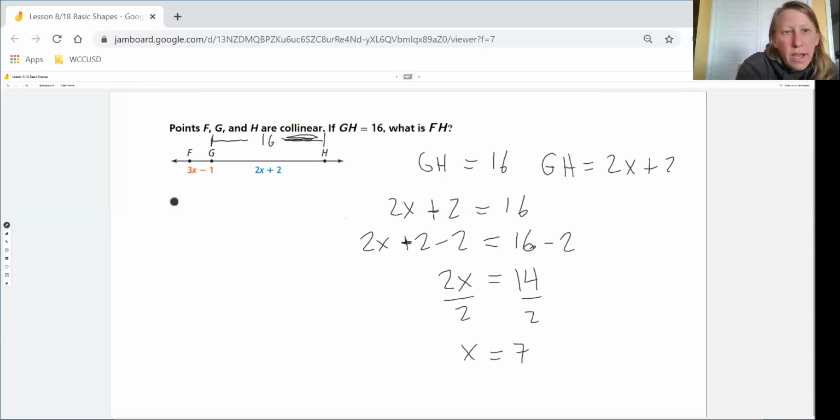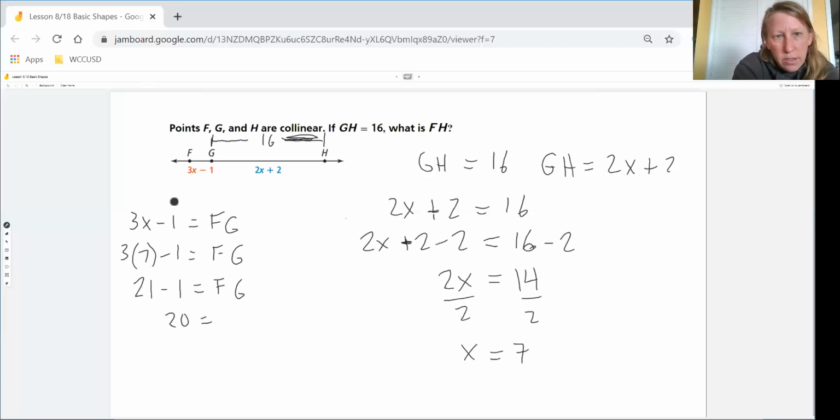You could find FG, which is 3x minus 1. Now we know what x is, so we're going to substitute in the 7. That's 3 times 7, which is 21, minus 1, which is 20.